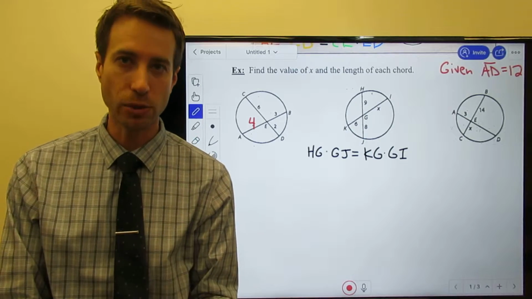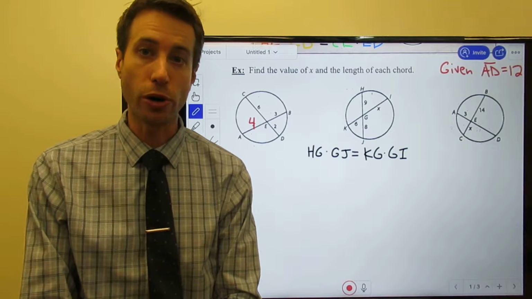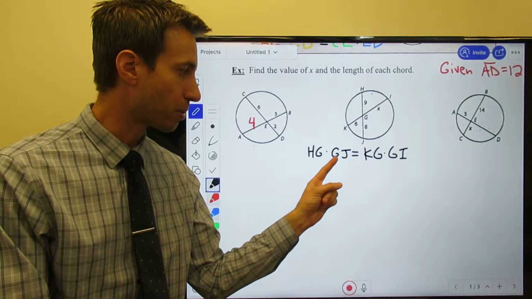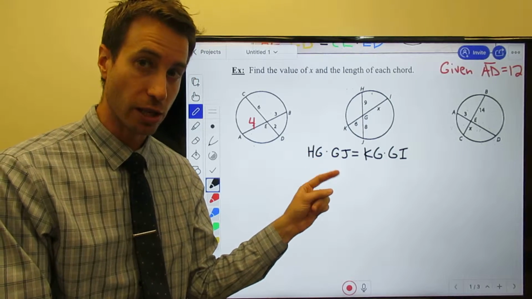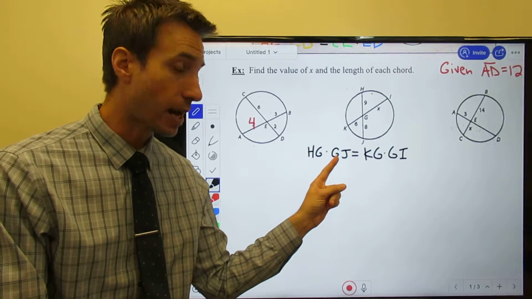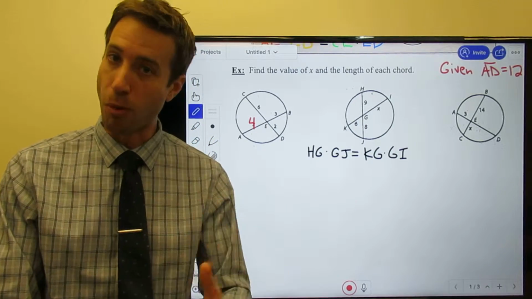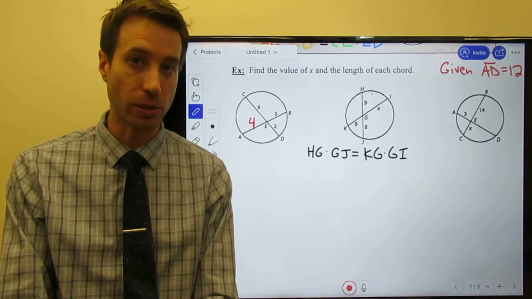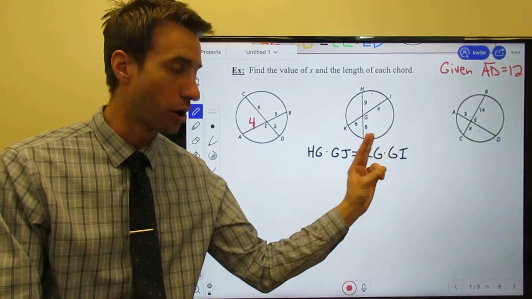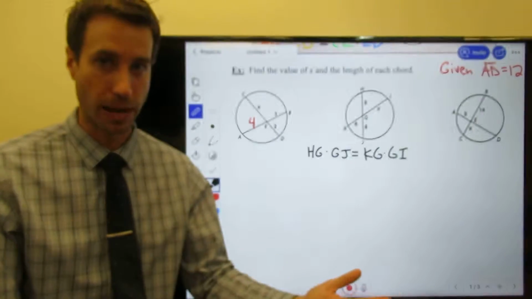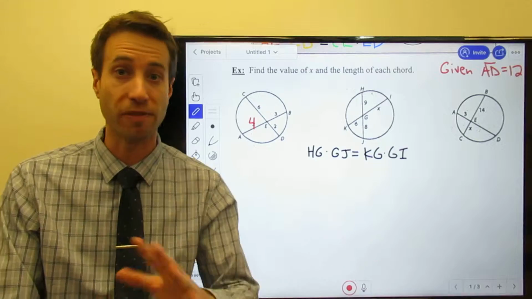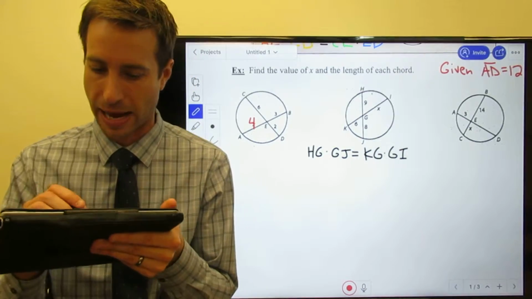Multiplication is commutative, meaning order doesn't matter. GJ times HG or HG times GJ gives you the exact same answer. Don't feel like you're going to screw it up if you don't put them in the right order.